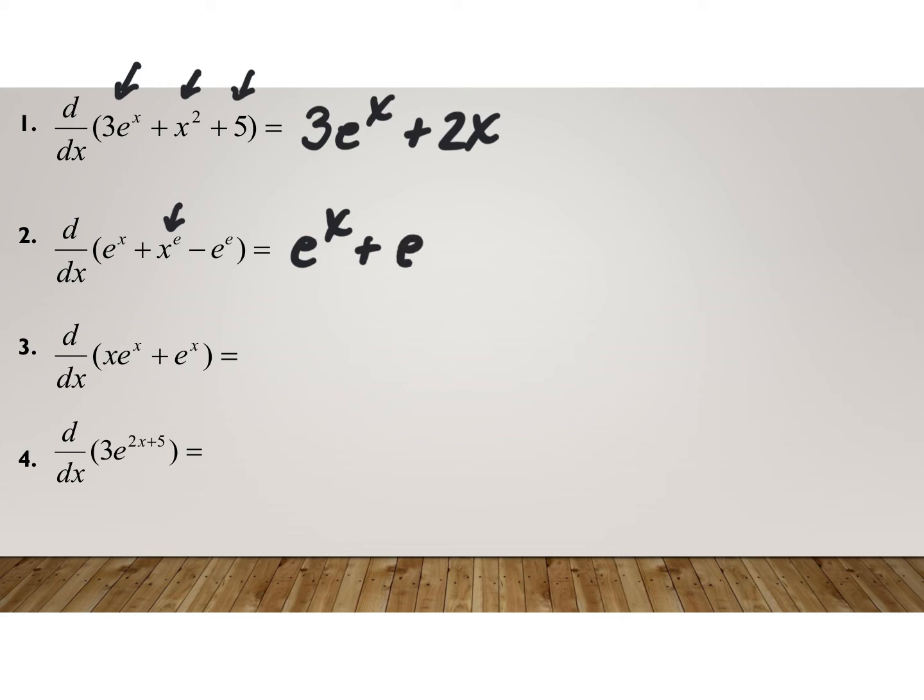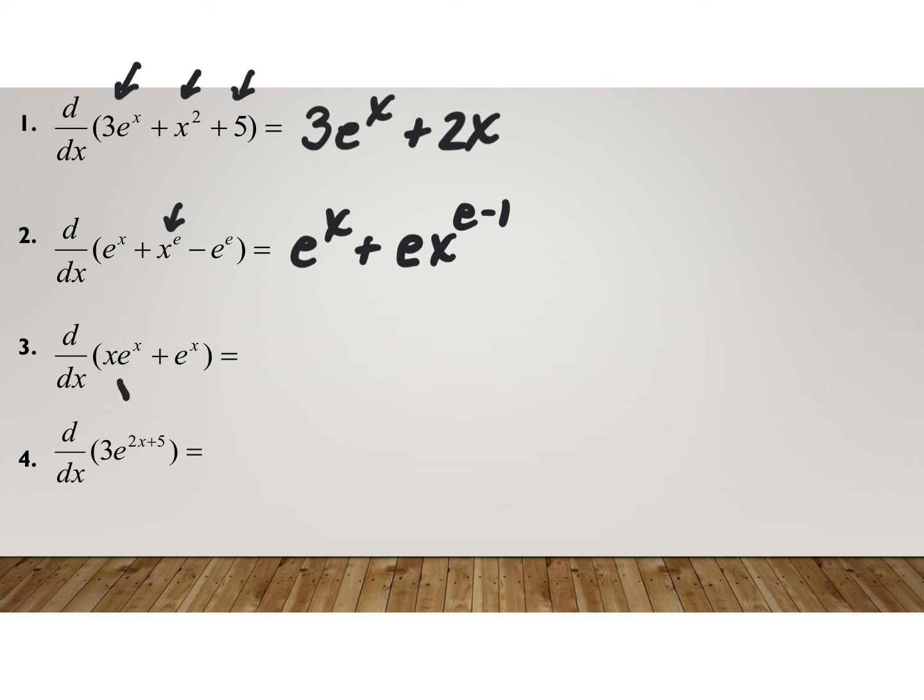So we bring the exponent down, keep the base, subtract 1 from the exponent. Looks really weird, but that's a number. Bring it down and then subtract 1. It's just the power rule. Now this guy, e to the e, is the same as if you're saying 17 to the 17, it's a number. The derivative of a number is 0, so we don't have to write plus 0 here.